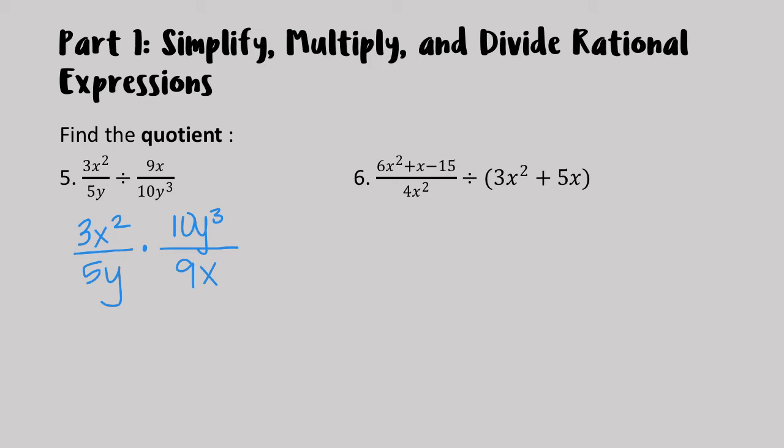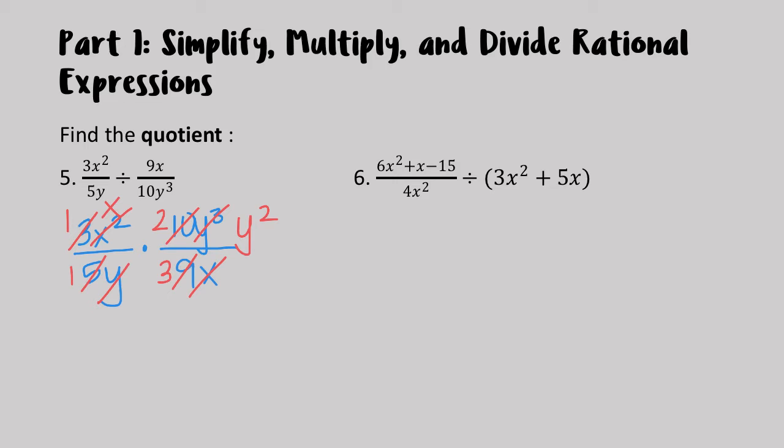So I'm looking at the numbers first. 3 over 9 is 1/3. 10 divided by 5 is 2 over 1. I have an x squared divided by x, which means I still have an x in the numerator. And then y cubed divided by y leaves me with y squared.